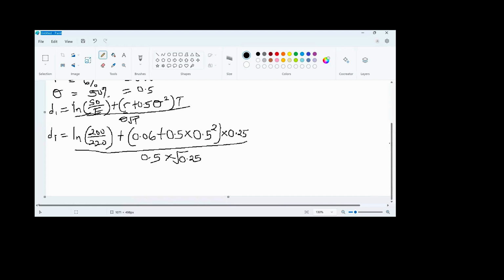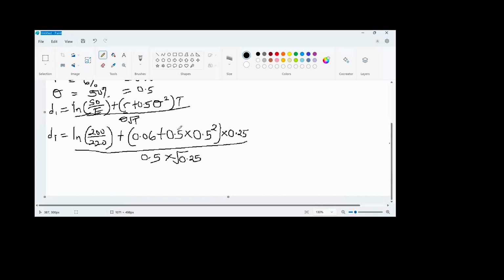Obtain your answer. That will give you negative 0.0490601798. Please confirm you have that figure. That is the numerator.